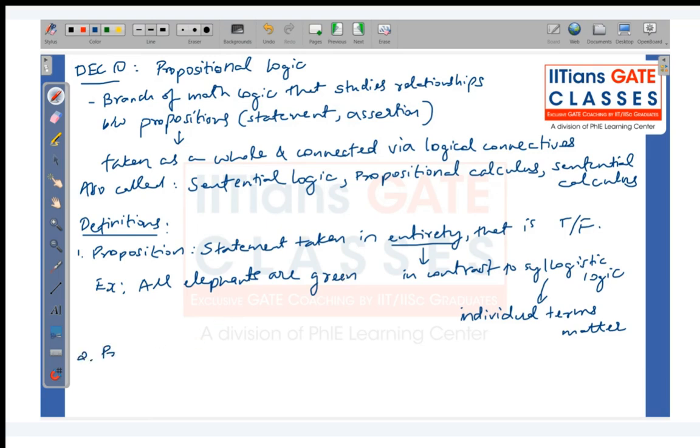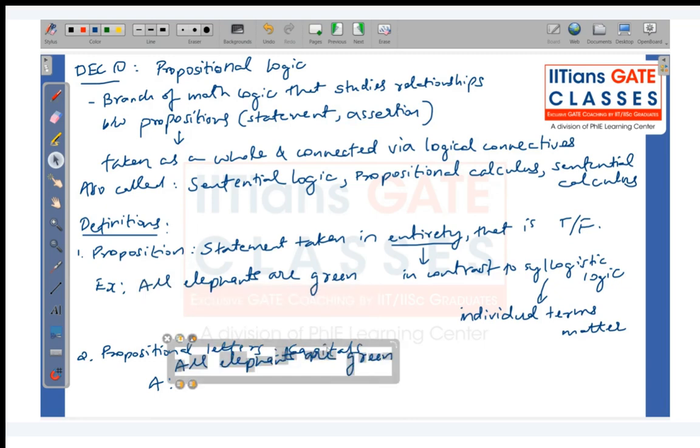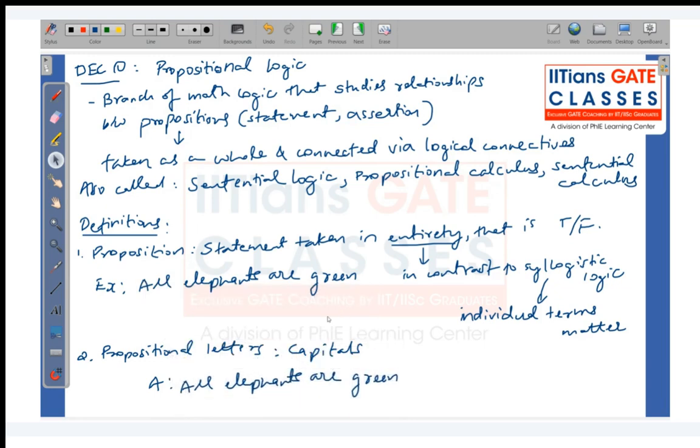Next comes the propositional letters. We simply use capitals for this. That is, this above one, I can write this as A. All elephants are green.